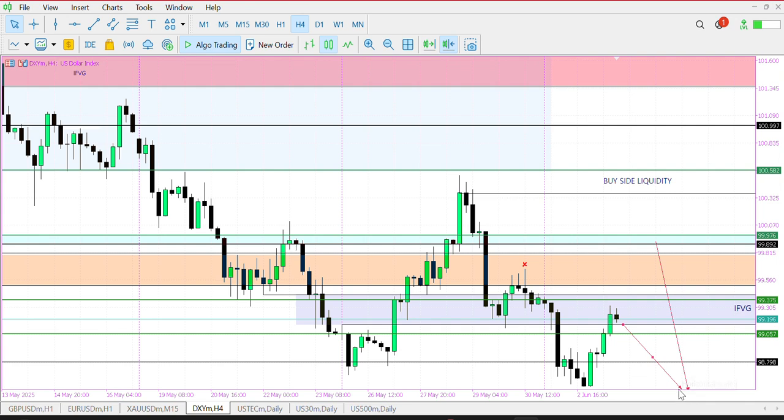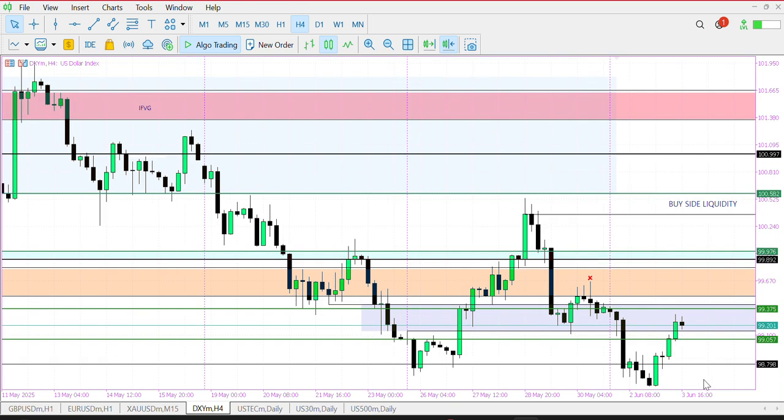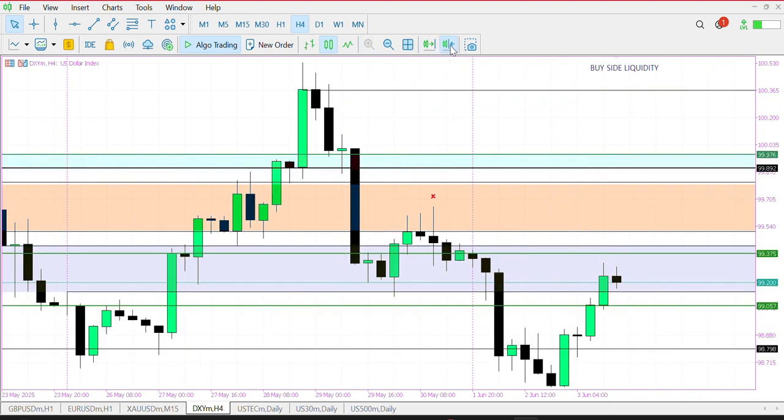It's either a drop here, or a drop from that level or the drop from this level.